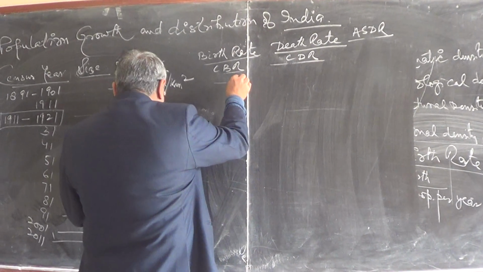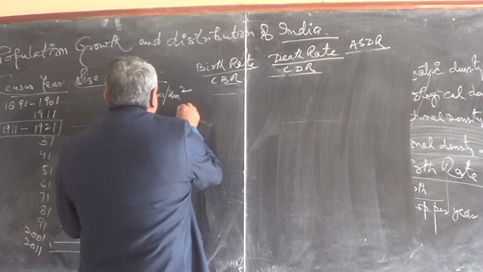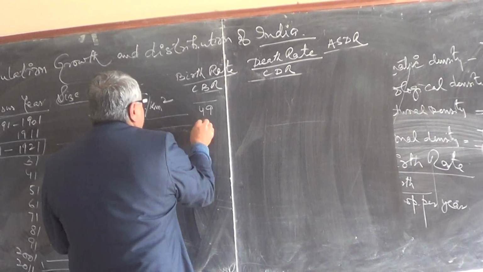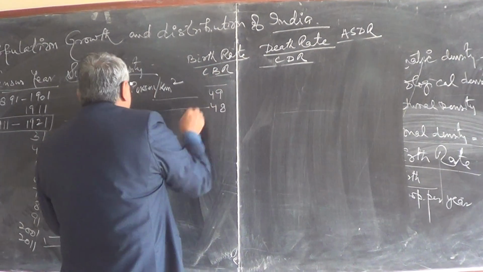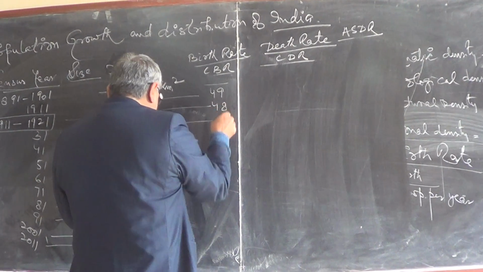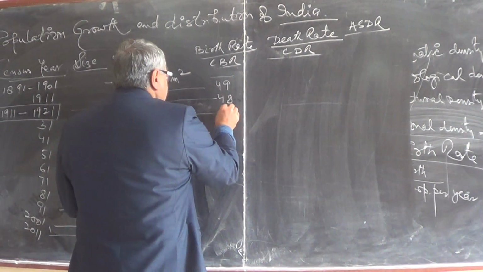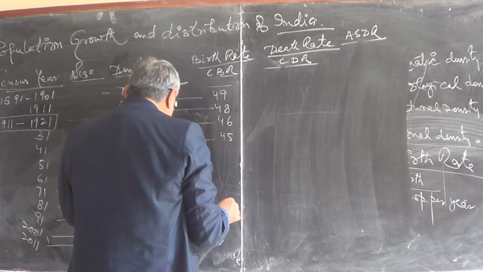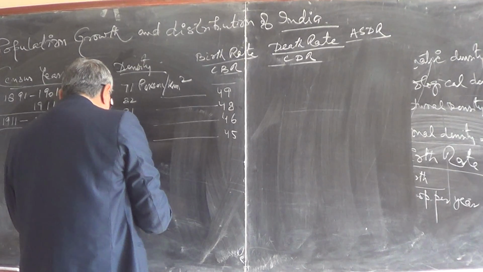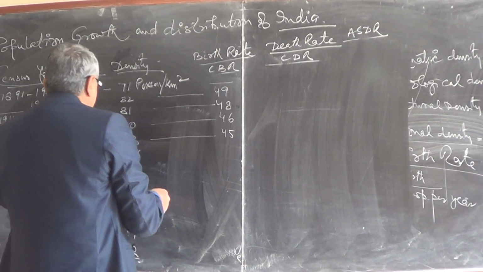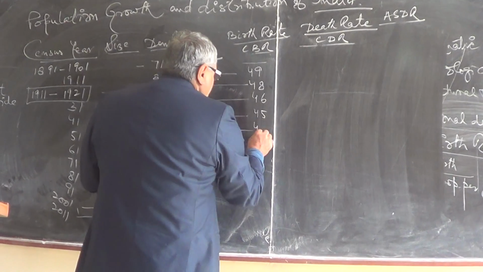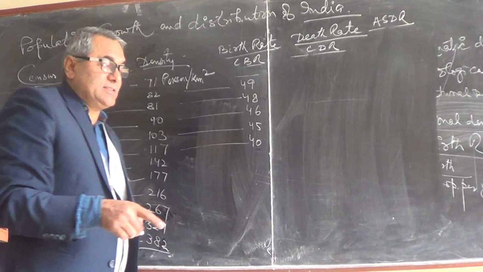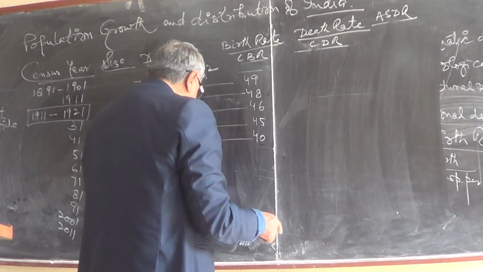This one is not available, but it is 49, 48, and births decline here, 46 births declining rapidly, 45, 40, this is 40, the number of births per 1000 population, that is called CBR, crude birth rate.